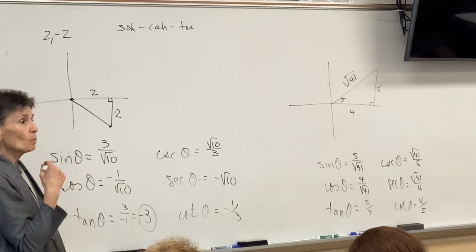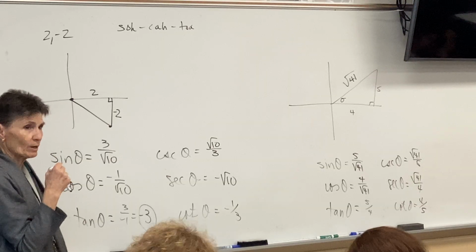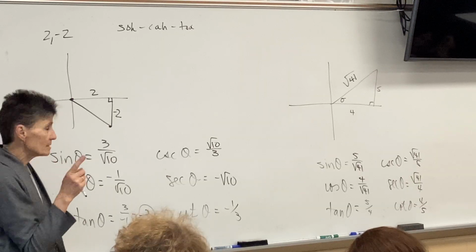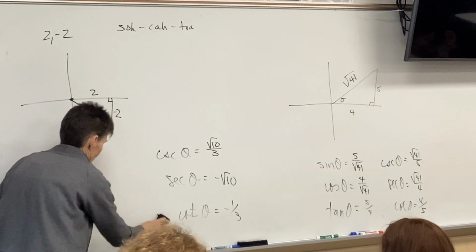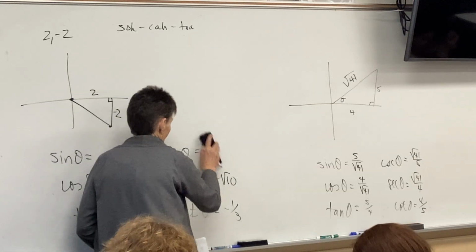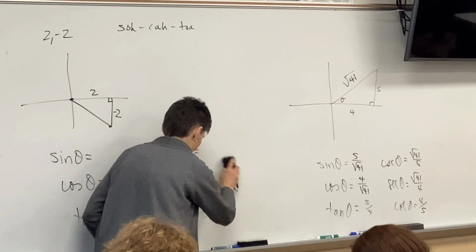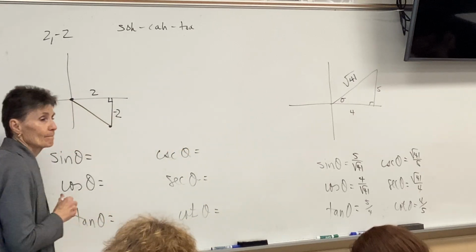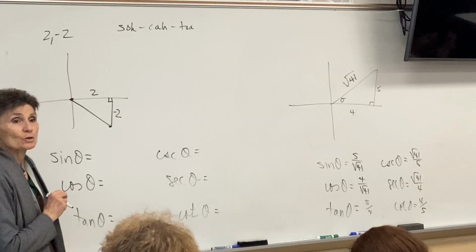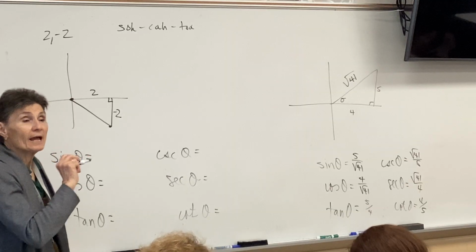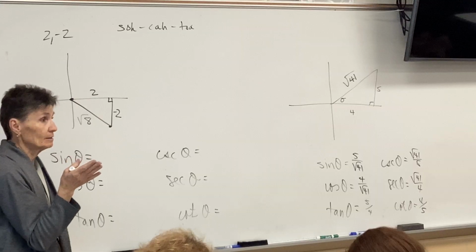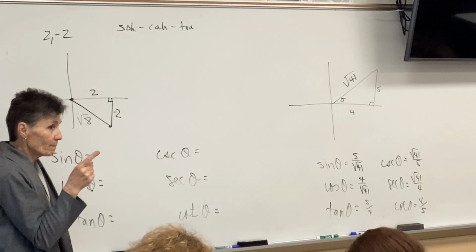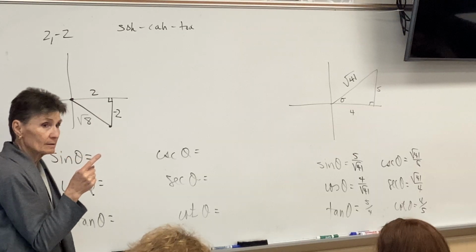Now, this one is going to be a little bit different because what is your hypotenuse? Square root of 8. And for the first time, I think, what about the square root of 8?